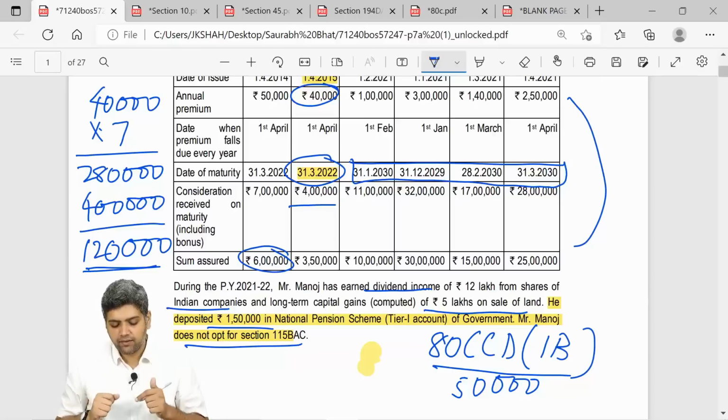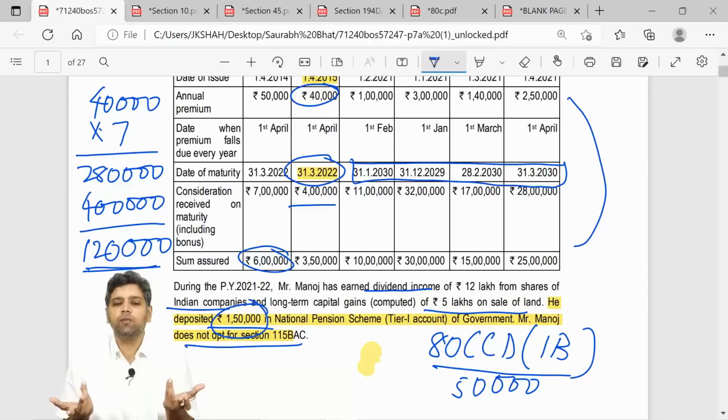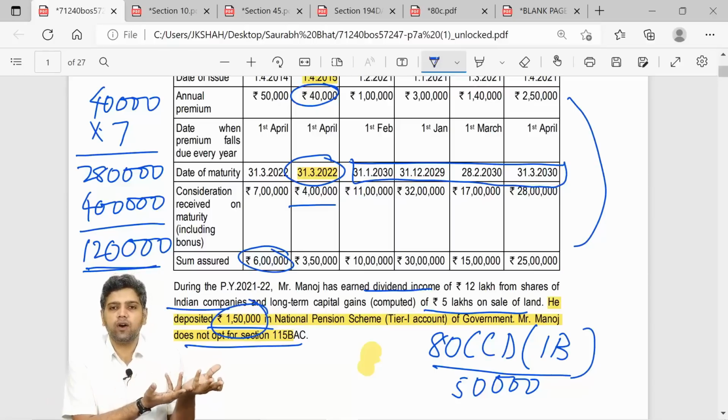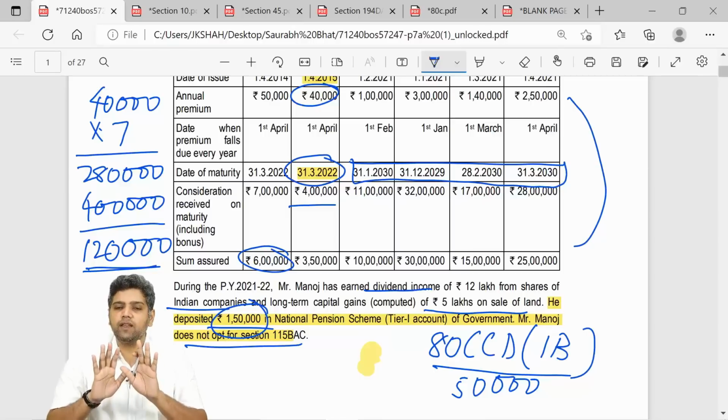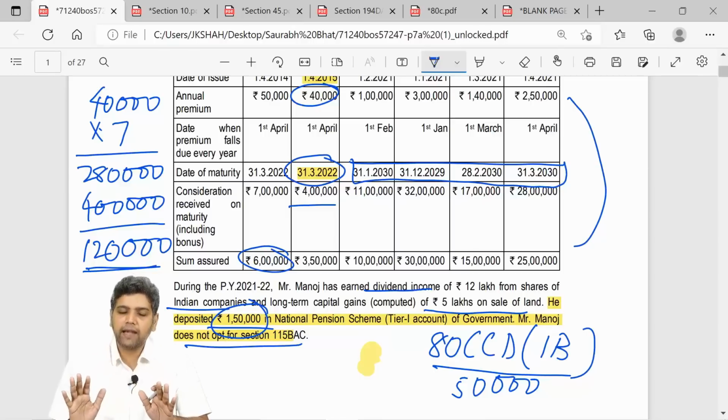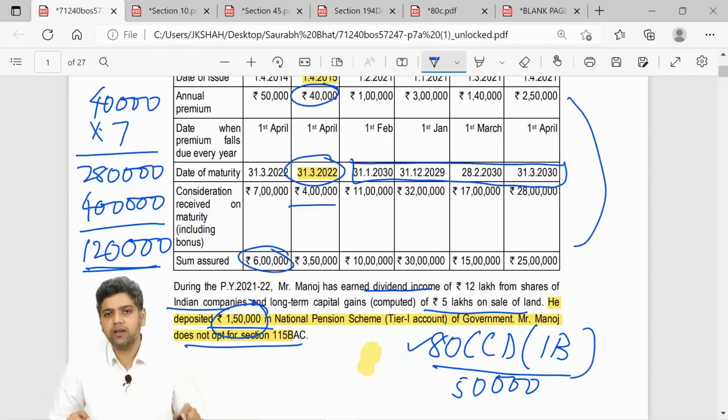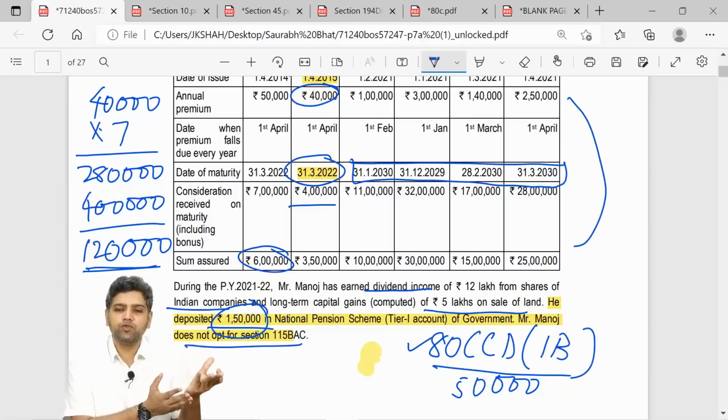Like in this case, has Mr. Manoj exhausted this 1,50,000? No, because he got deduction under 80C on account of life insurance plan. So his 1,50,000, government says it does not go waste. At least an amount of 50,000 out of that, I will allow you deduction under 80CCD subsection 1B. In fact, in my own case, let me tell you all very frankly that I was making payment of insurance premium and PPF.